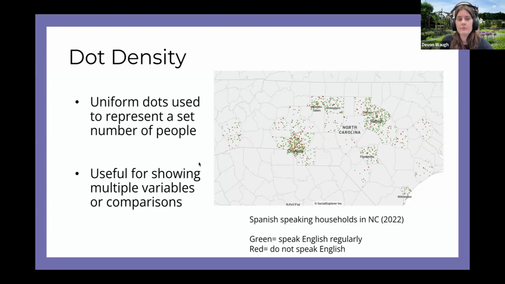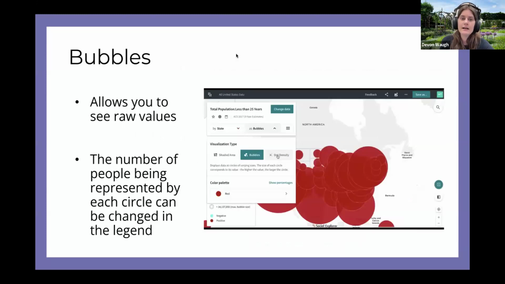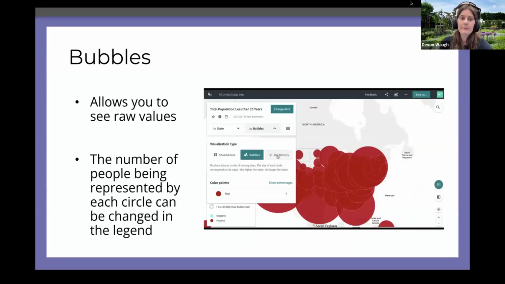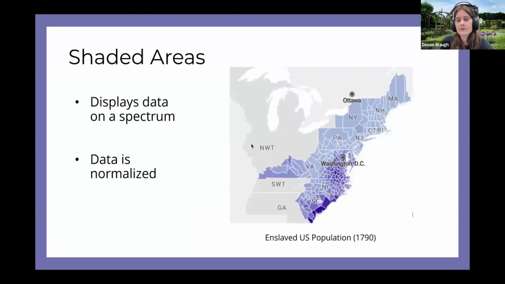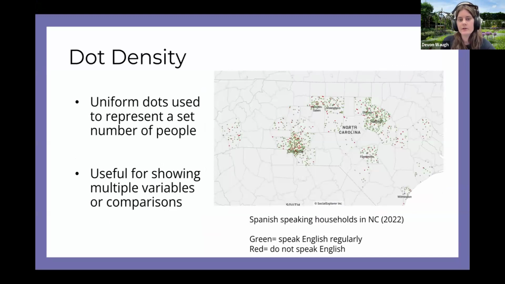So that is one approach that you can take, is using dot density. Bubbles allow you to see raw values. The number of people are represented by each circle, and that can be changed in the legend up or down. I find in my experience in using this tool, I mostly use the shaded areas and dot density more than the bubbles.